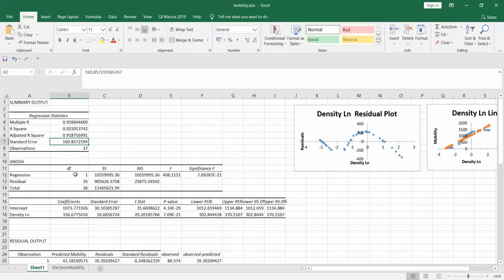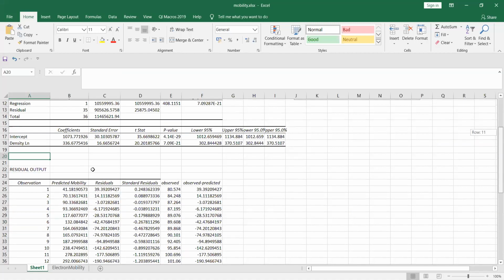Here I have got the regression degrees of freedom, the SS and MS values, and the intercept. This is a single linear regression problem. If I put in the equation, my equation would be 1073.77 plus 336.670 times the density values. Now I have got the predicted mobility value.